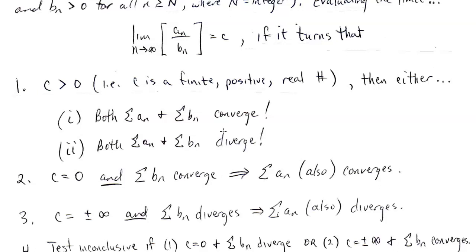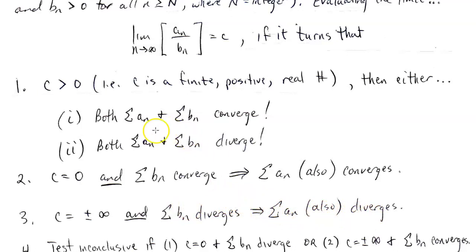Essentially, what that's saying is that if our limit ends up being 0, then our b sub n series is larger than our a sub n series. And if the larger series converges, then the smaller series converges as well. And of course, if we get plus or minus infinity, and our b sub n series, the one that we came up with, diverges, then if both of those things happen at the same time, we know that the series with a sub n also diverges.